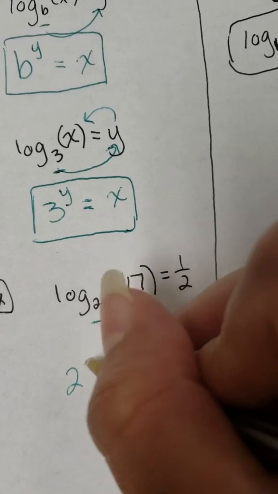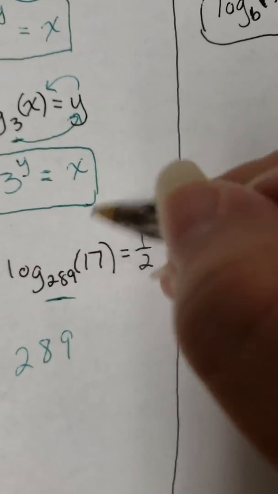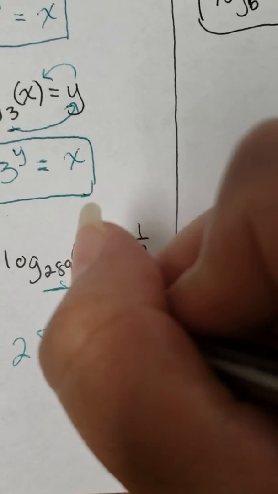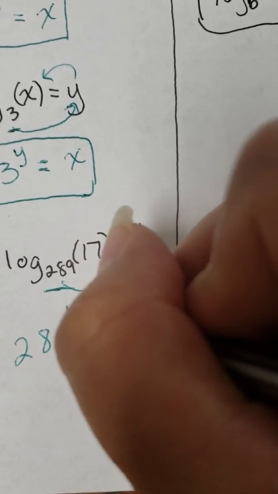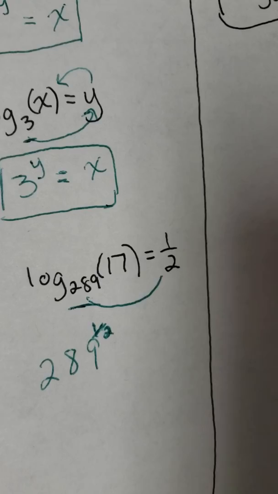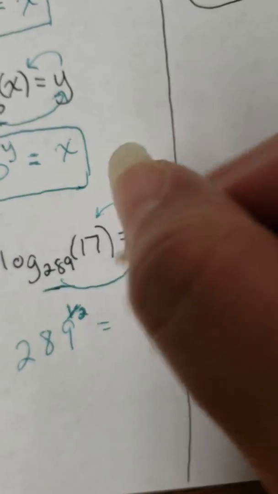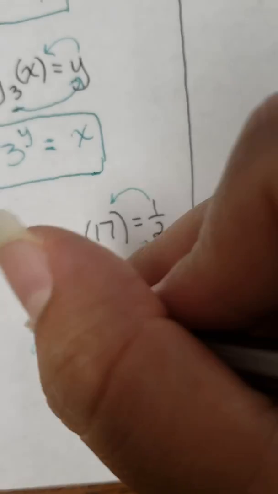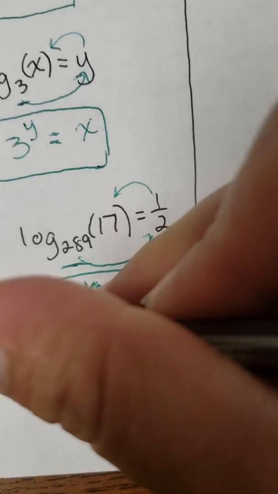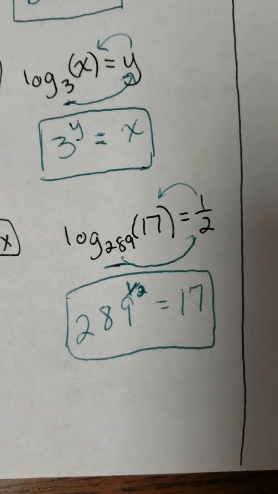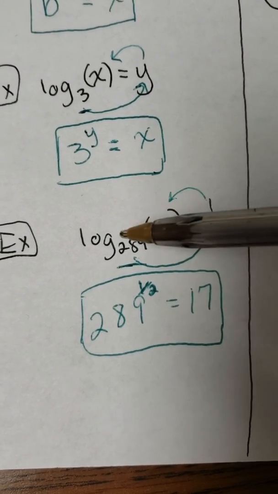So that's going to be 289. And it comes around, so to the power of 1/2, okay, equals 17. That's it.